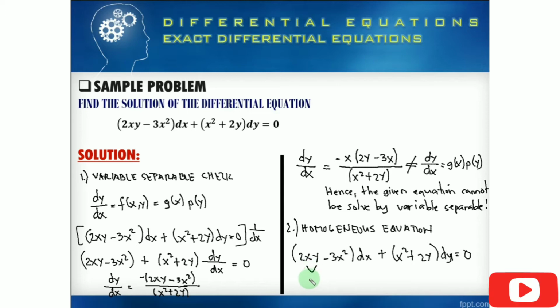The degree here is 2, and this one also is 2. How about this second term here? The degree here is 2 again, but here the degree is only 1. So we can say that this is not homogeneous, because in order for this to be solved using a homogeneous equation, each term must have the same degree.